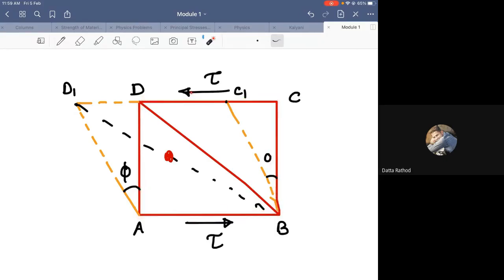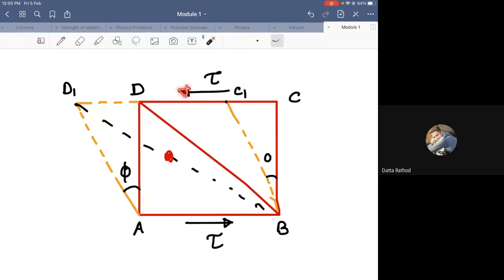and which is subjected to a shear force tau over the face CD as well as the face AB. It is subjected to shear stress tau. Now, due to the application of this shear stress tau, the CD face or this point D changed its position and it will be at point D1 now.